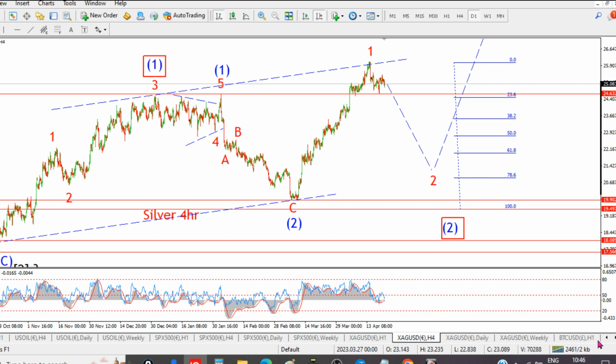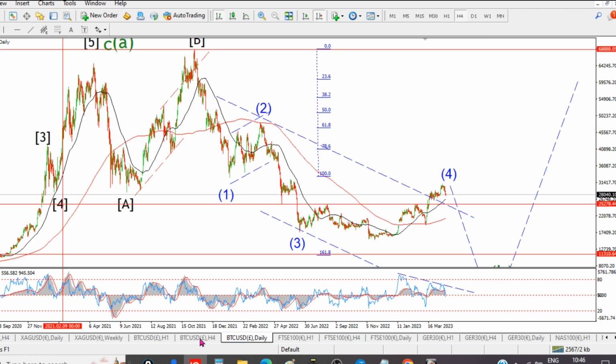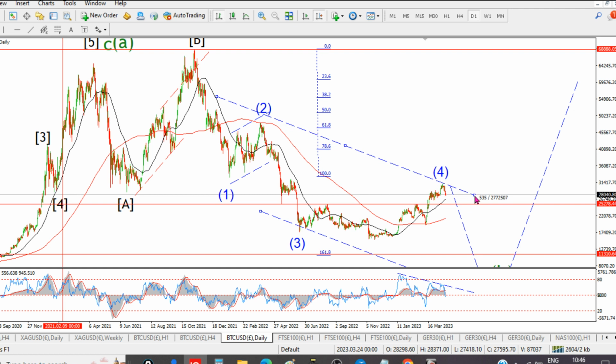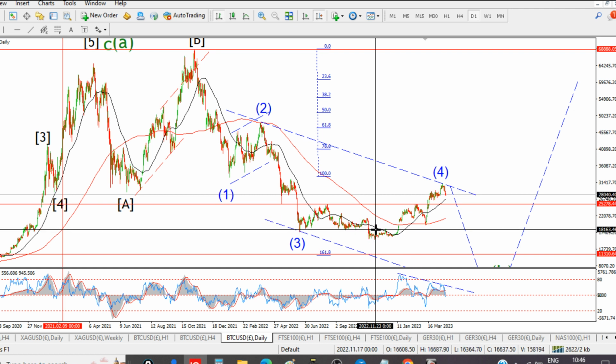Okay, let's leave that. The market hasn't shown its hand just yet, so let's see how that falls over the next few days. Now, fourth wave high in Bitcoin. That's what I was looking at. We have at least turned lower this week without confirming anything, after a pretty extended rally off last November's lows.